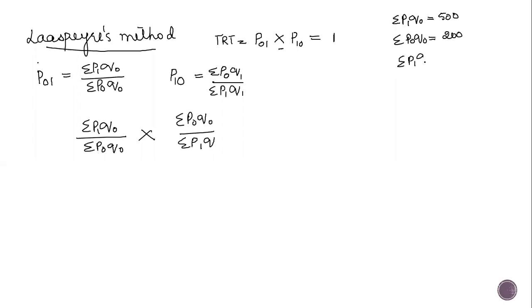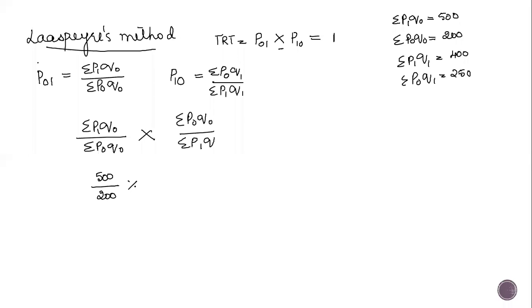Summation P1 Q1 value as 400, and summation P0 Q1, it is 250. Now what we will do is, we will substitute these values here. Summation P1 Q0, what is the answer here? Value is 500, divided by summation P0 Q0, what is the value?